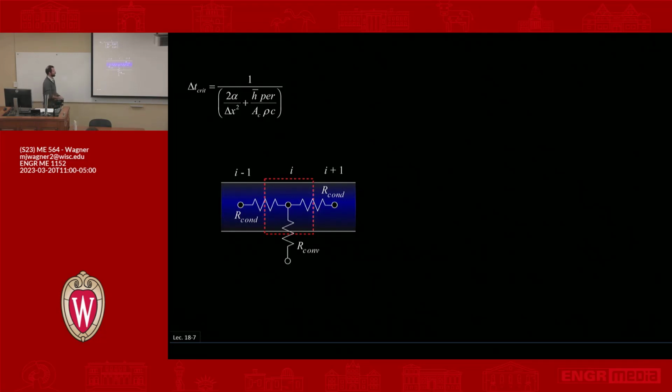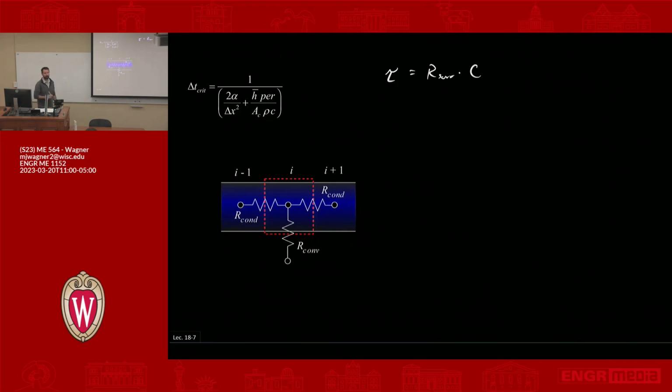So let's say we have some node, and we have heat transfer coming in these three directions: from the left, from the right, from the bottom. So if you remember what the critical time step computation is trying to tell us, we'd say the time constant for this node would be tau, which is equal to our resistance to the surroundings times the heat capacitance of the object, right?